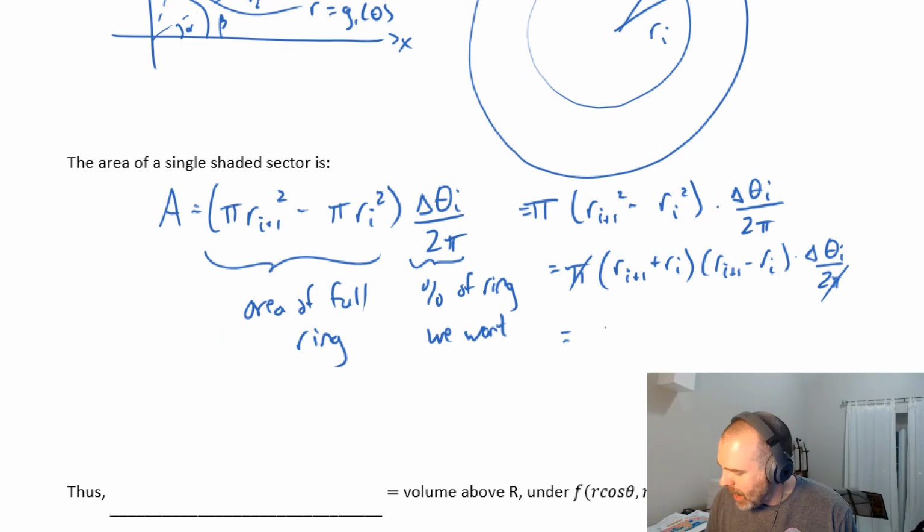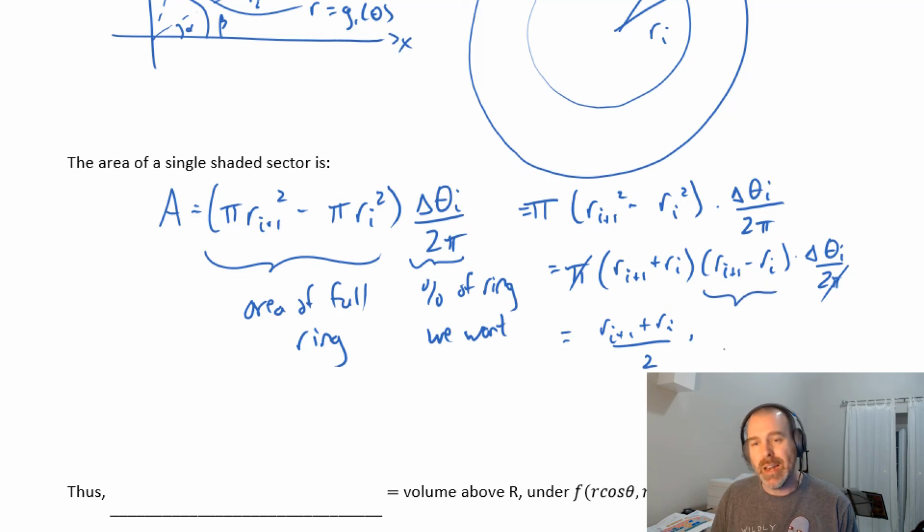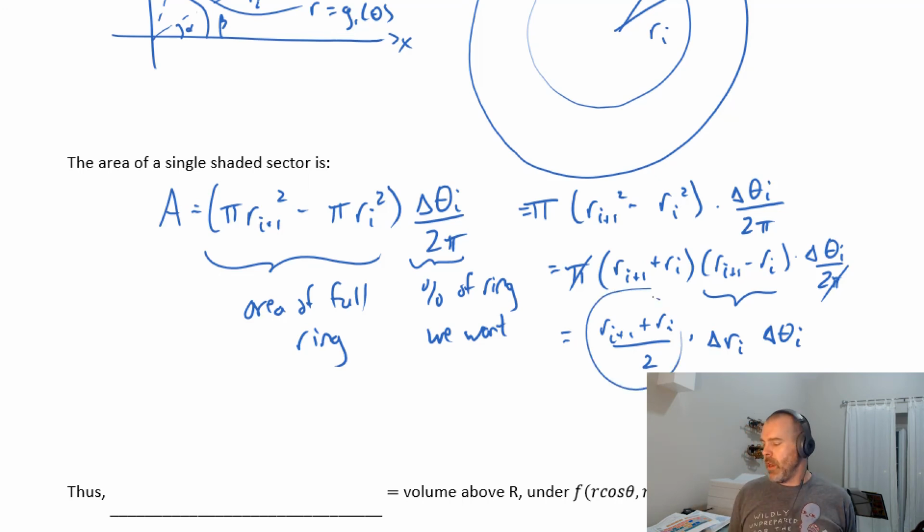Let me combine the r sub i plus 1 plus r sub i and put that over 2. The r sub i plus 1 minus r sub i is just the difference in r's. Let's call that delta r sub i. And then we have delta theta sub i. You'll notice the r sub i plus 1 plus r sub i over 2 is like the average, right?